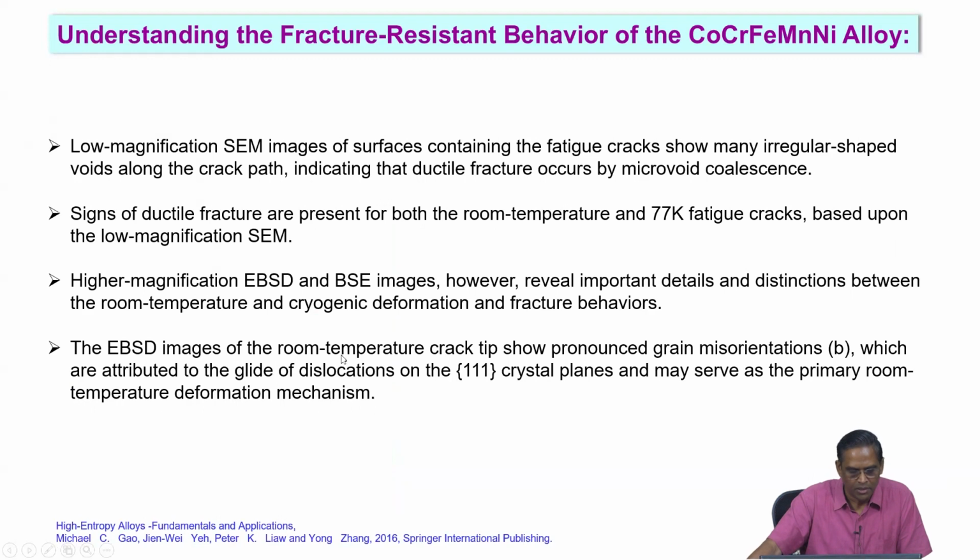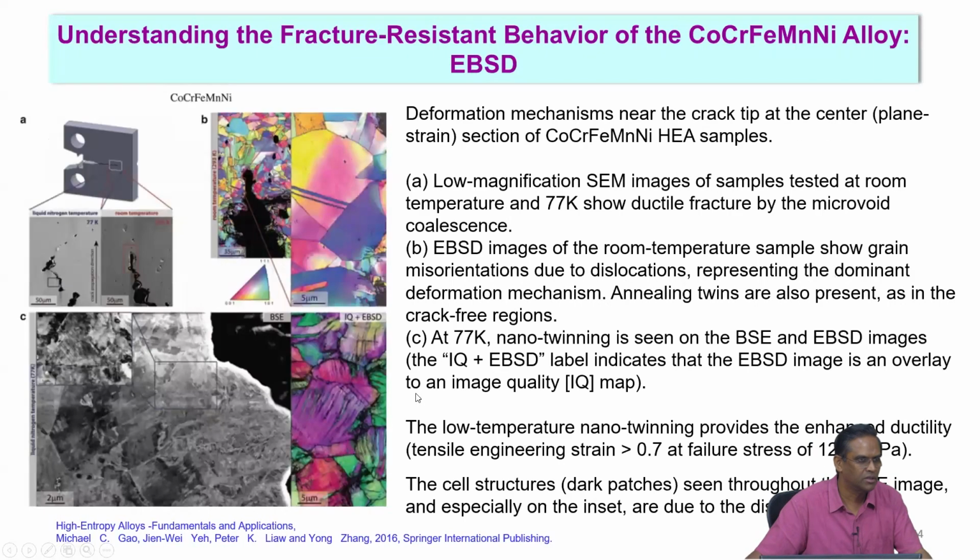The EBSD images of the room temperature crack tip show pronounced grain misorientation, which is shown in B, attributed to the glide of dislocations on 111 type crystal planes, and may serve as the primary room temperature deformation mechanism. EBSD maps give orientation straight away, right.